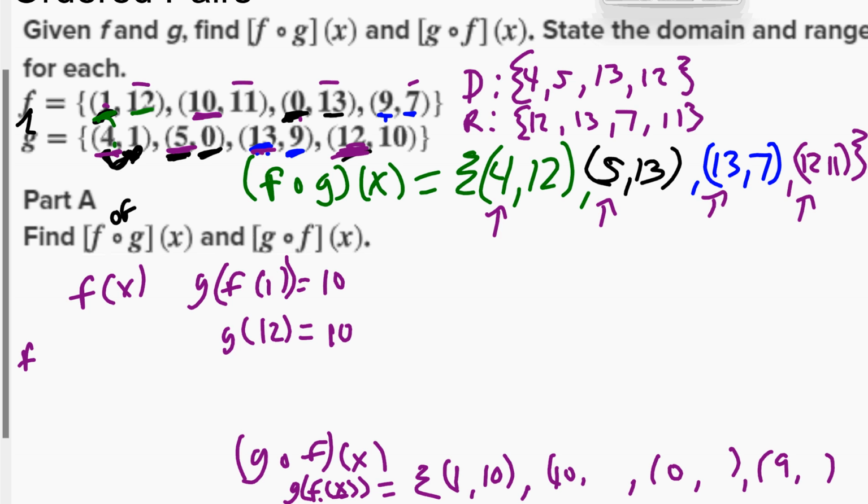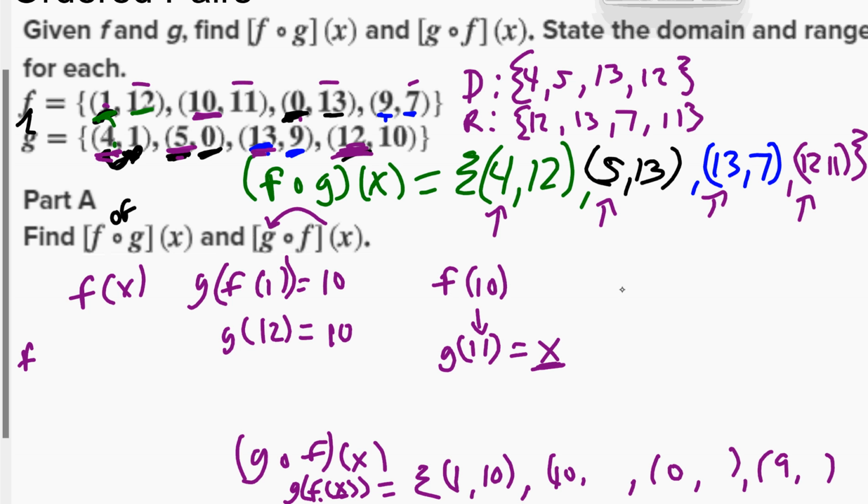Then we plug in 10 into f. We get 11 out. Then we plug that 11 into g. It goes from inside to outside. And when we plug that into the outside g, we don't have a g of 11, right? We don't have an 11 for our x, so that y value's not in there. Okay, so we'll address that later.